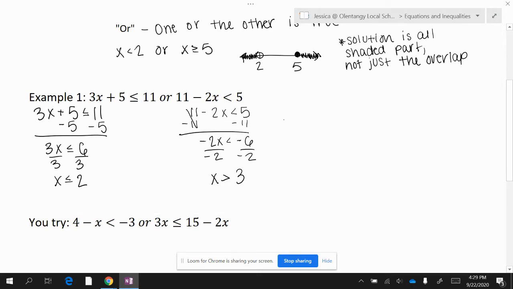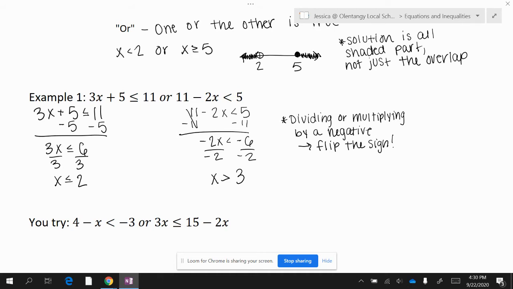So if you are dividing or multiplying by a negative, you need to flip the sign. I've had questions on that. It is only if you are dividing or multiplying by a negative. If you are dividing or multiplying by a positive, you are fine. If you are dividing or multiplying by a negative, you have to flip the sign there.